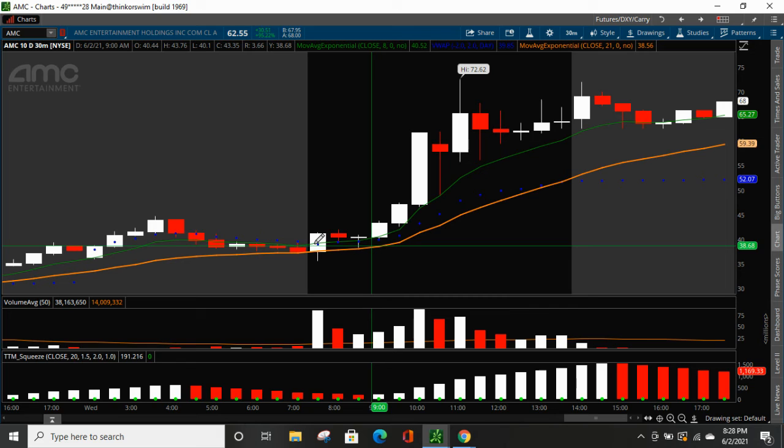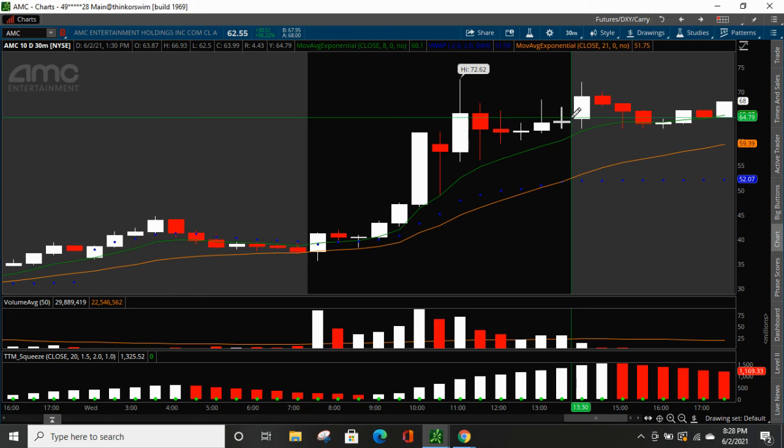If you're just playing off of the VWAP and the 8, you could have gotten in right around 8 o'clock or so today, and as long as AMC held the 8, you could have just played that move all day as well.